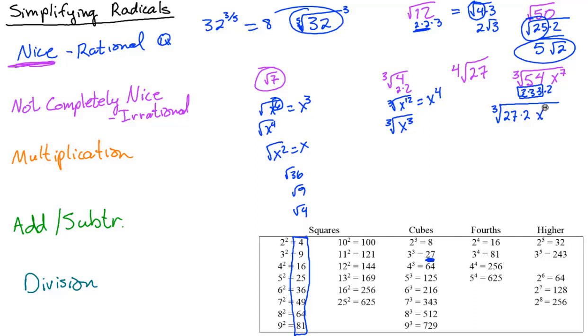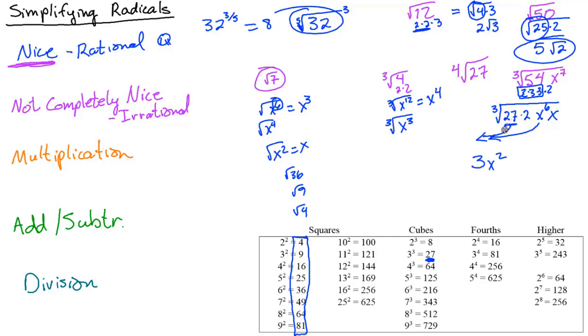So x to the 6th, you can cube root that and you get x squared coming out there. So you have an x left over. So this guy right here gets to come out, and this guy right here gets to come out. So we get 3, and the cube root of x to the 6th is x squared.